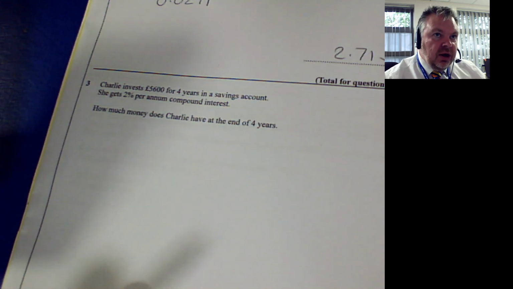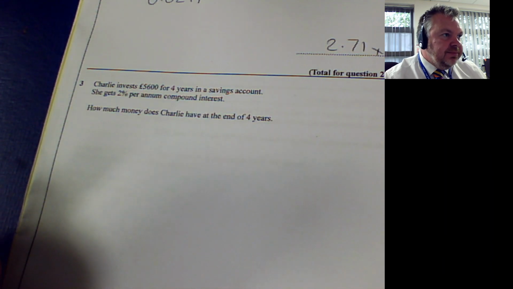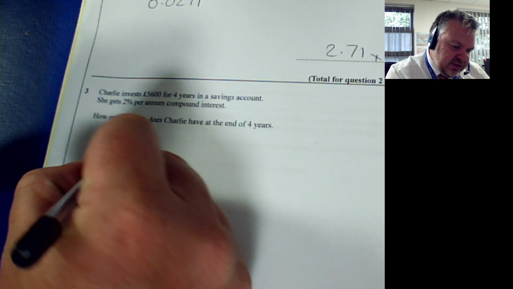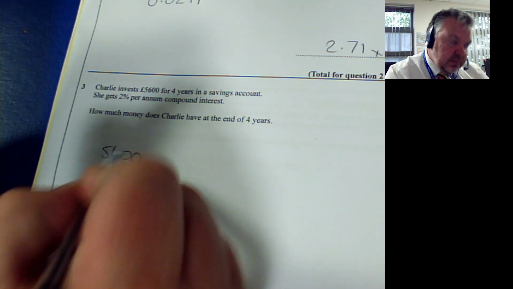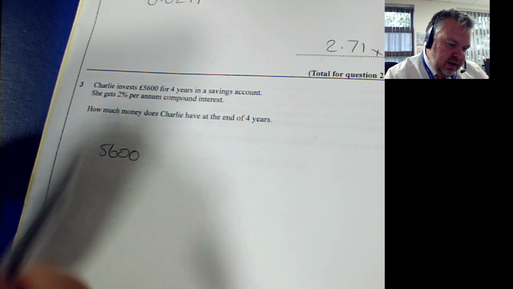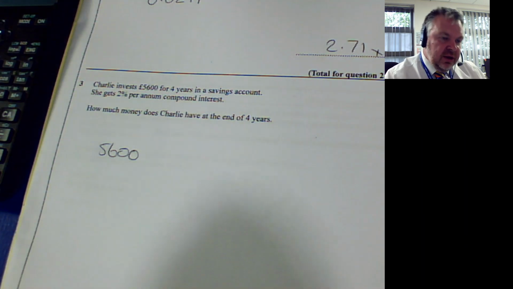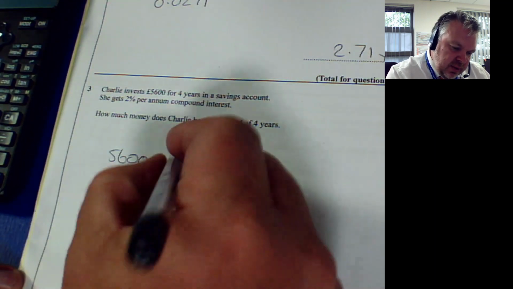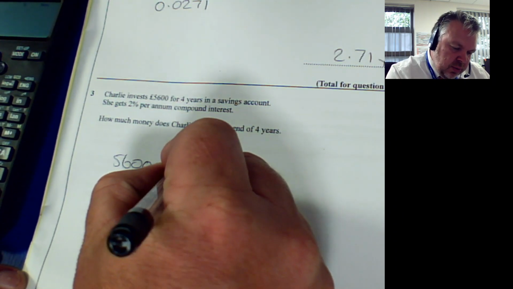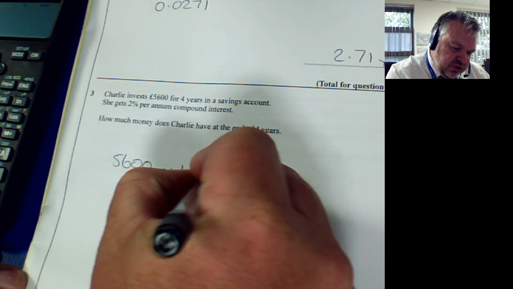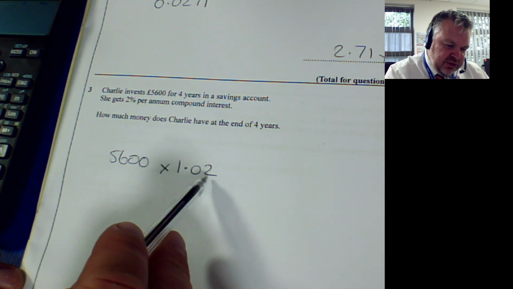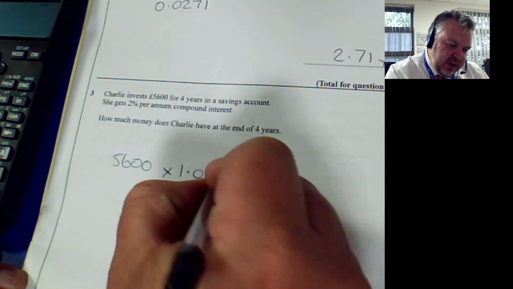Next question. Charlie is investing some money, £5,600 for 4 years in a savings account, and she gets 2% per annum compound interest. So this 2% we can write as 1.02. That's my 100%, here's my 2%. We're doing it for 4 years.